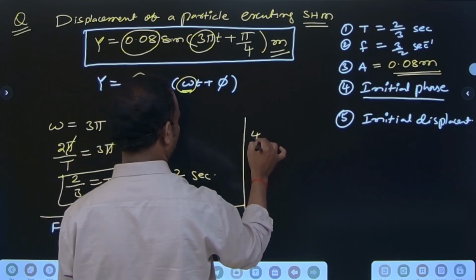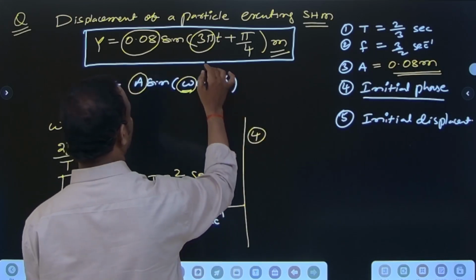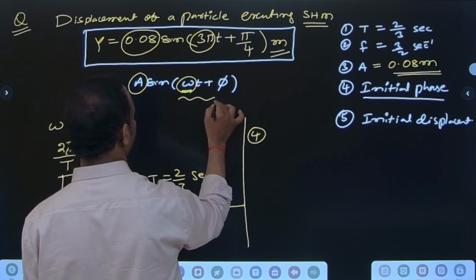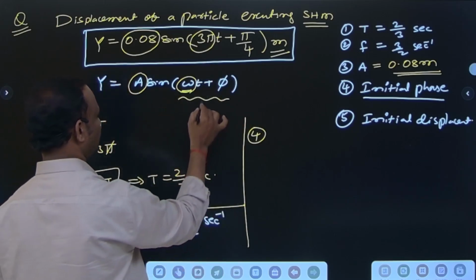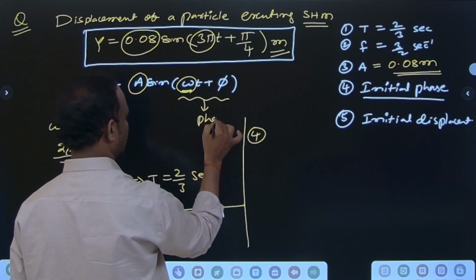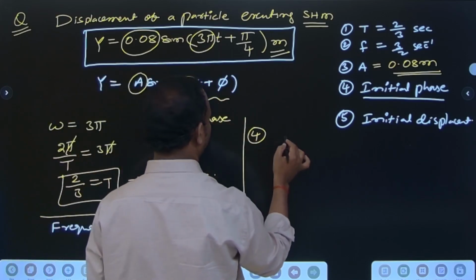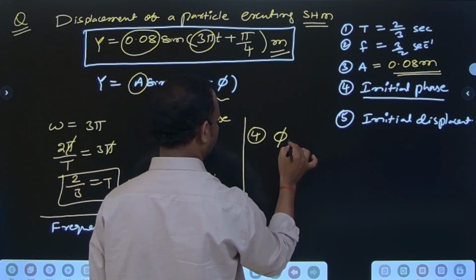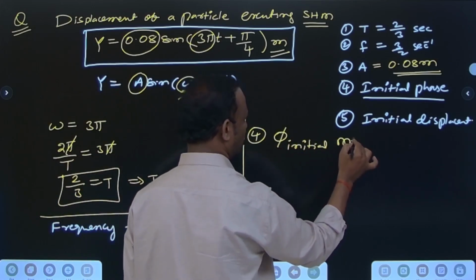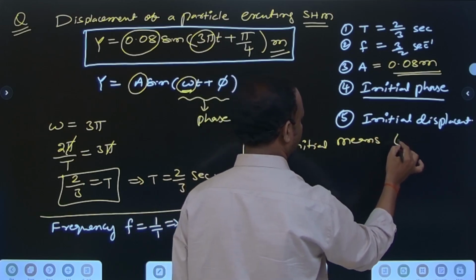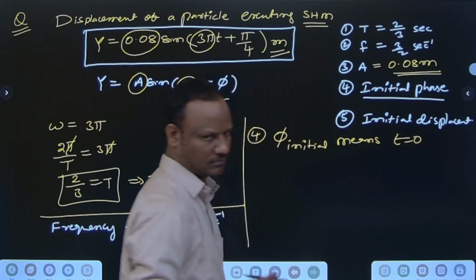What is the initial phase? For the fourth question I am trying this one. This total is called the phase. Initial phase, phi initial, means t is equal to 0.